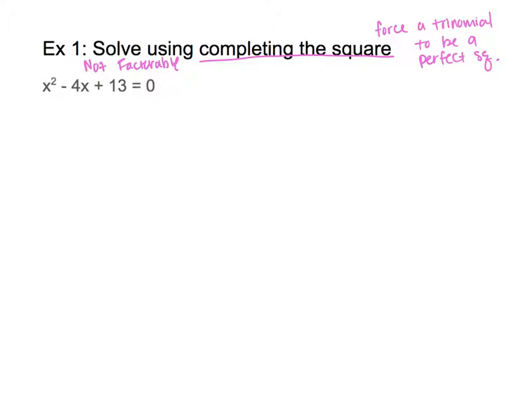To do that, what you have to do is take the c, the constant, and remove it. In order to remove this c value, here's the constant here, we have to subtract it off, because it's not working out for you to factor. So we need a new constant to make this factorable. So I have to subtract it off, and so now I have x squared minus 4x equals negative 13 on the right-hand side.